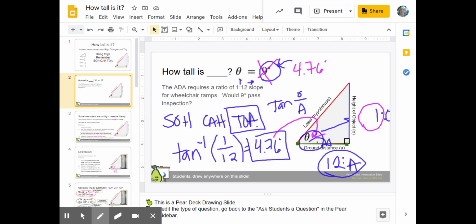I'm building a new, I don't know, extension onto my house. In order for my extension to pass code, my ramp can only have an angle of 4.76 degrees. If I accidentally make my angle 5 degrees, it's not going to pass inspection. Okay, so that's just one reason to do this.